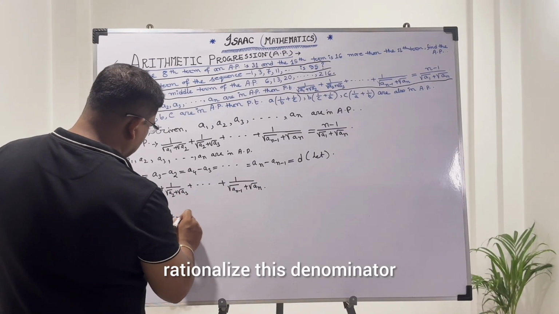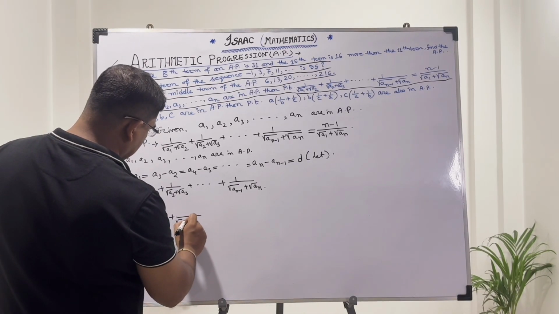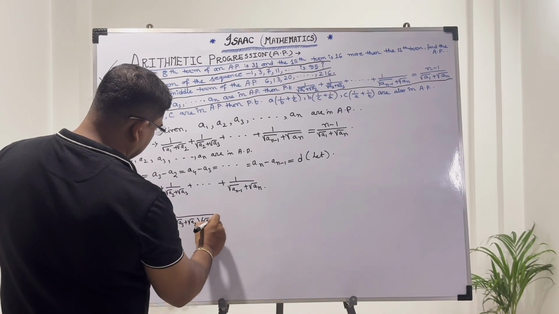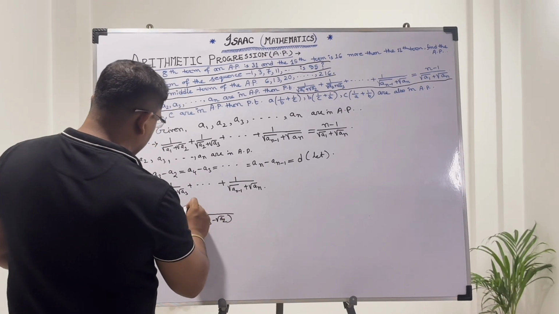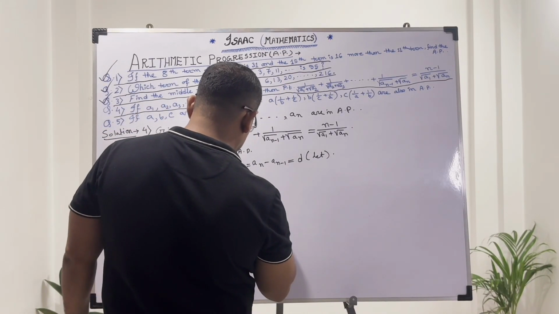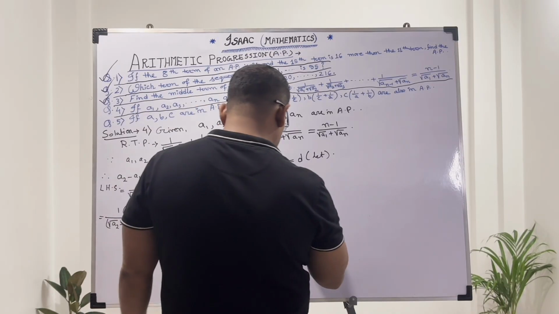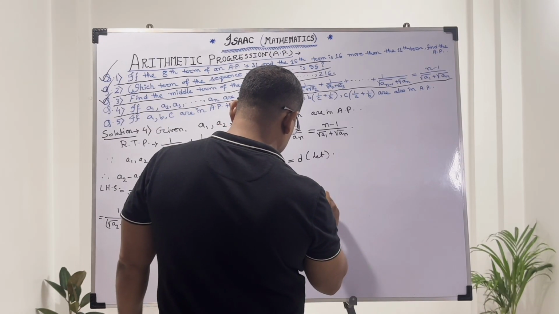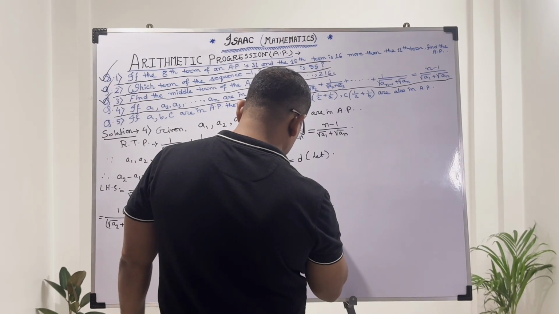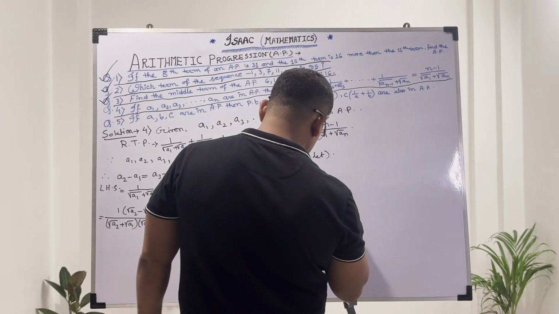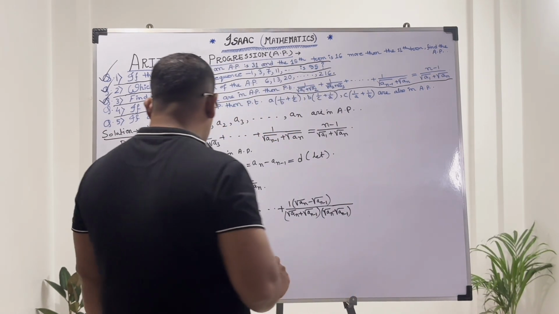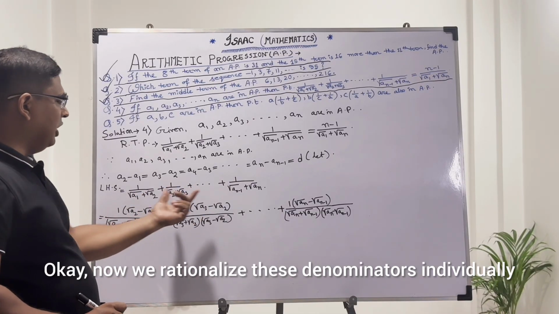Similarly, rationalize its denominator. We multiply its conjugate with numerator and denominator. Okay, now we rationalize these denominators individually.